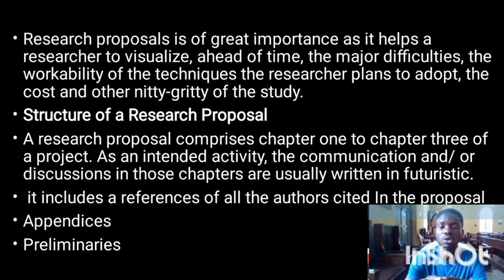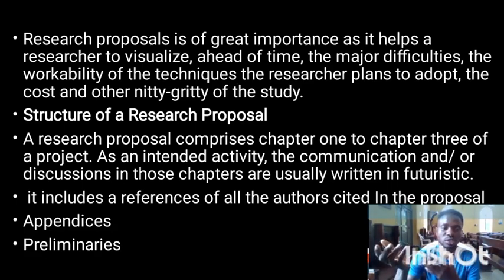A research proposal comprises chapter 1, chapter 2, and chapter 3 of a project. As an intended activity, the communication and the discussion in those chapters are usually written in the future tense. That means you are writing things that you will do. So if you are writing a research proposal, mostly the writing will be, the study will adopt this, the study will do this, the study will do this.